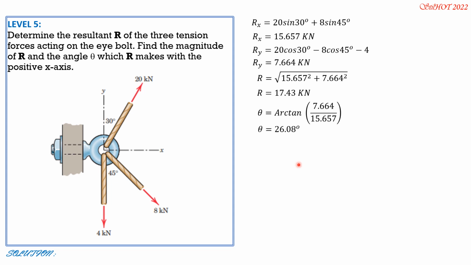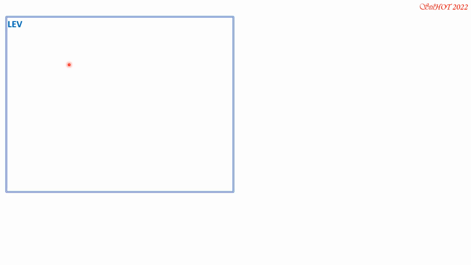So the complete answer is R is 17.43 kilonewtons at theta equals 26.08 degrees because this is in standard form. So I hope that for the first 5 problems, you can still follow and you enjoyed.